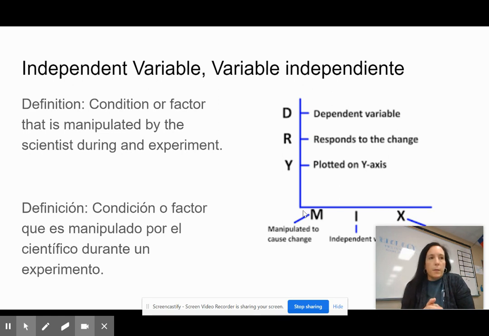So let's say I'm testing brands of paper towel. I want to know if Bounty or Viva or Kroger brand paper towel will absorb more. The independent variable is the type of paper towel. So it could be Bounty, it could be Viva, or it could be the Kroger brand. The dependent variable is how much it absorbed.